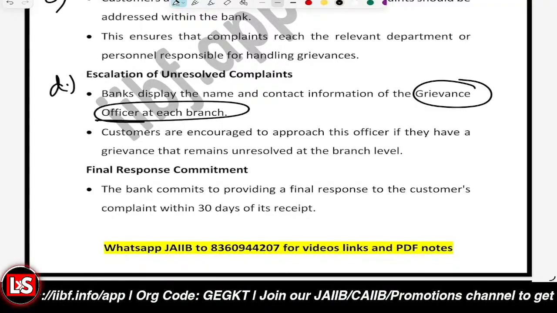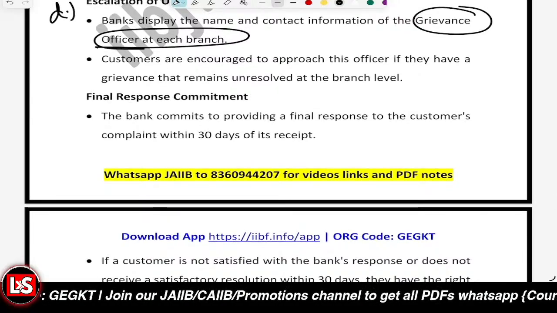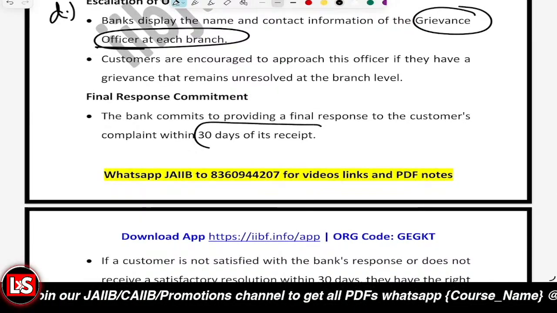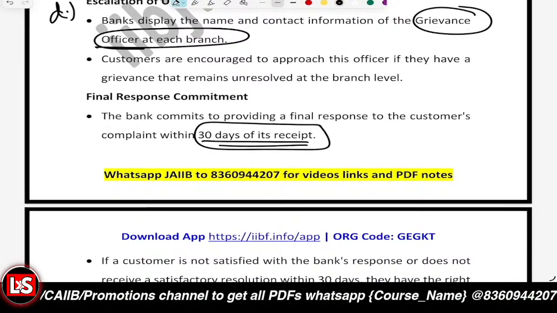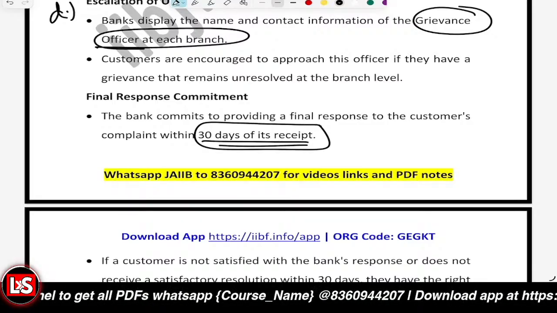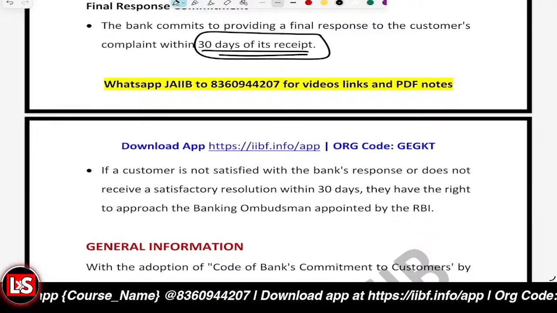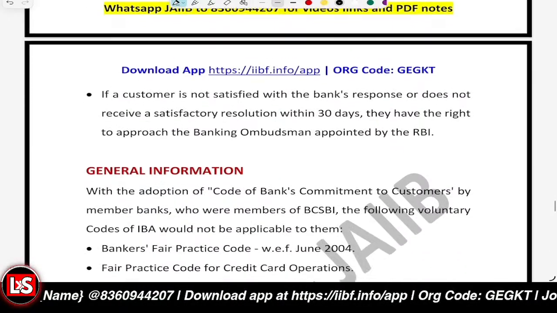That's the final response commitment, which is basically related to 30 days, as I told you. Within 30 days of the receipt, if the complaint is not resolved or the customer is not satisfied, the customer can approach the RBI ombudsman, right?